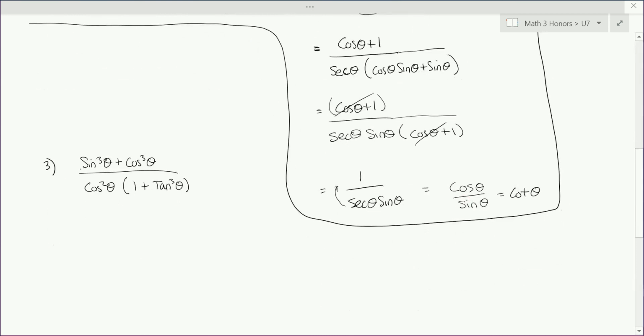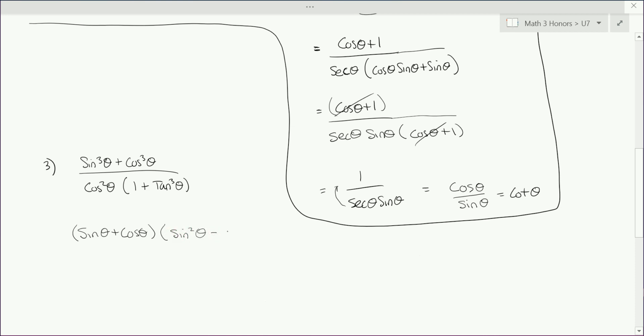So when we factor the numerator, sine cubed plus cosine cubed, that's going to be sine theta plus cosine theta. And what would the other factor be? Good job.